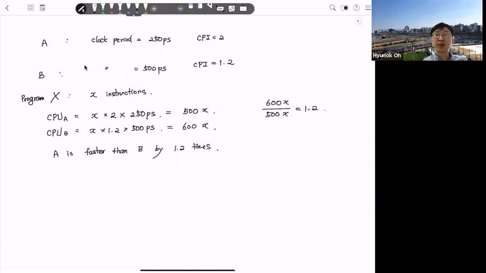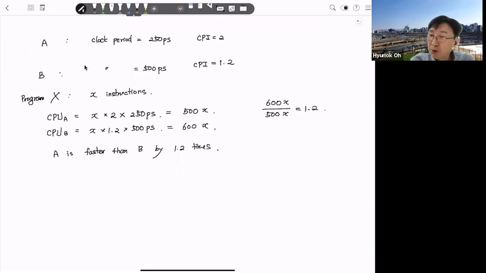So if we know the clock period and CPI, then we can compare the performance. If the instruction counts are equivalent, in that case, we can easily compare the performance of the computer systems. So in this case, to improve the performance, what do we have to do?